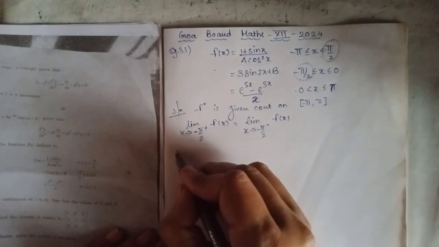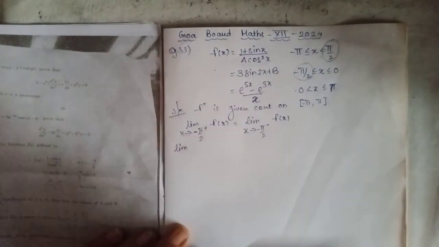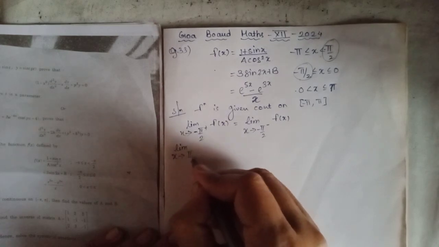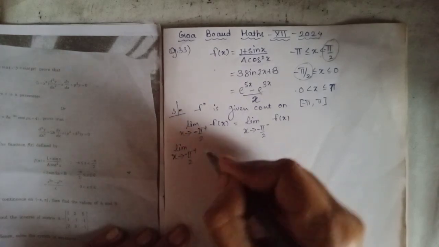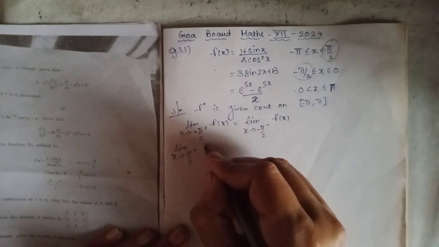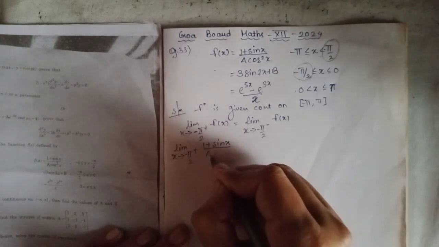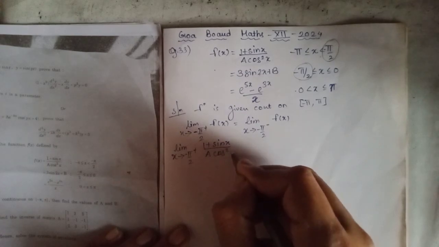Okay, so limit x tending to minus pi by 2 plus of f of x is 1 plus sin x upon a cos square x.